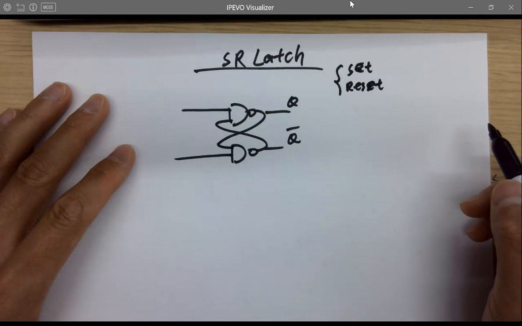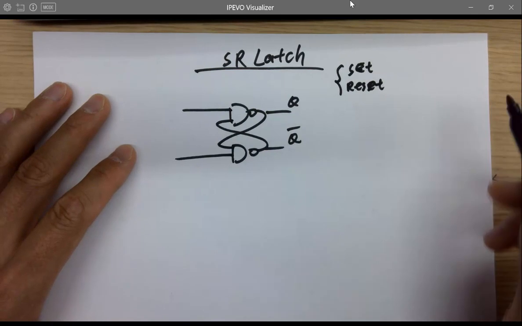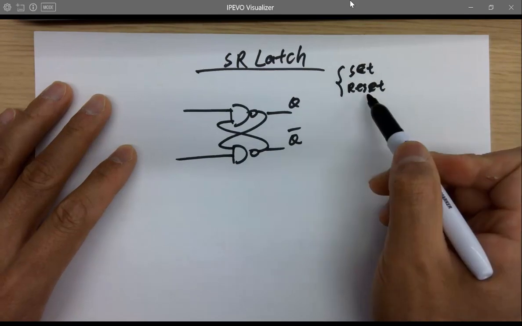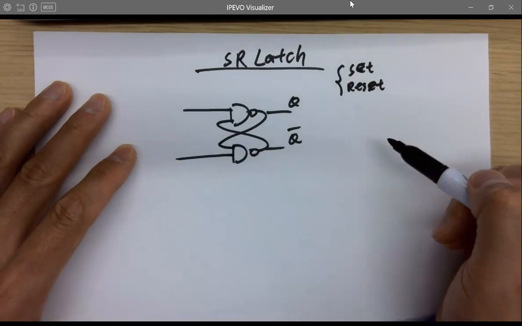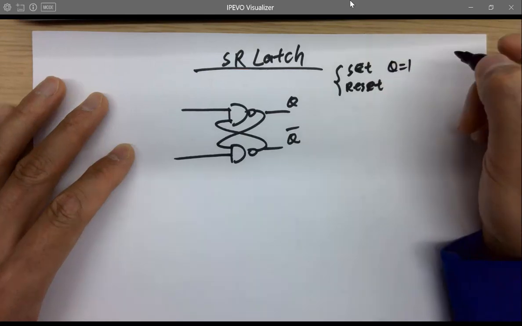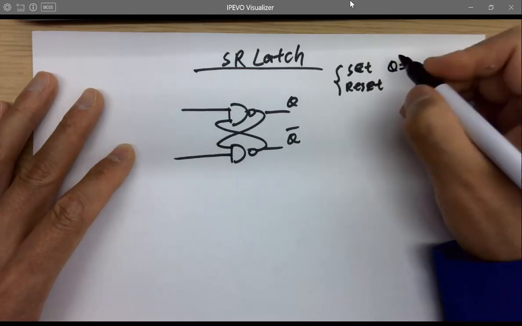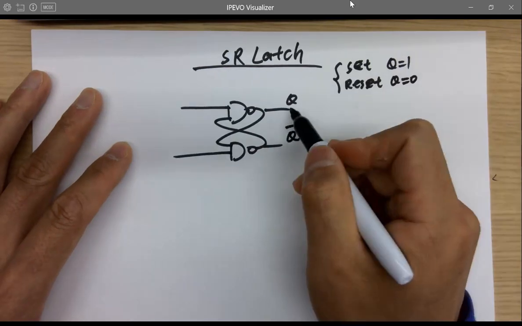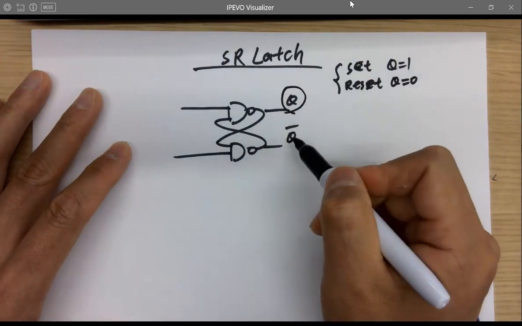It's quite a useful circuit. Just based on this drawing, I know this is Q naught, and set and reset is actually setting and resetting Q. Setting means you give Q a 1, so put Q at 1. And for reset, you give Q a 0. That's called reset. So we are always talking about Q, not Q naught.